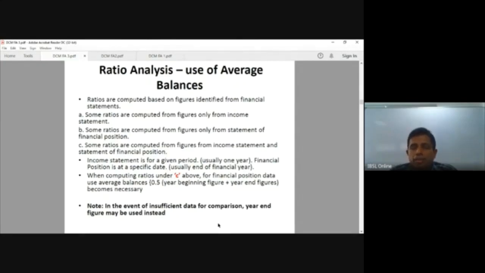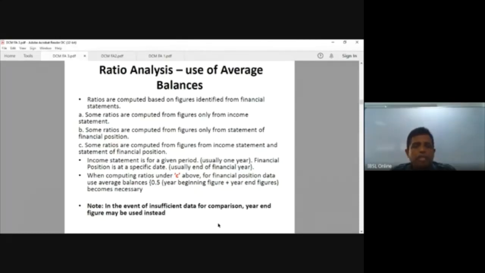When it comes to ratio calculations, for some ratios you take both figures from the income statement. If you are taking both figures from the income statement, there is no need to take any average balances. Under A, when the ratio is calculated from figures only from the income statement, there is no need to take the average balances for those figures.